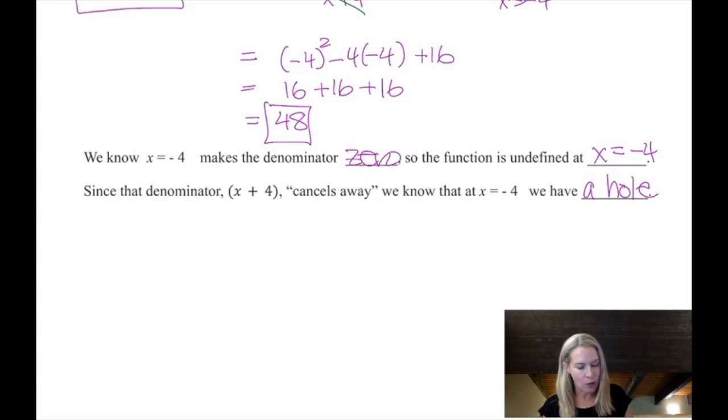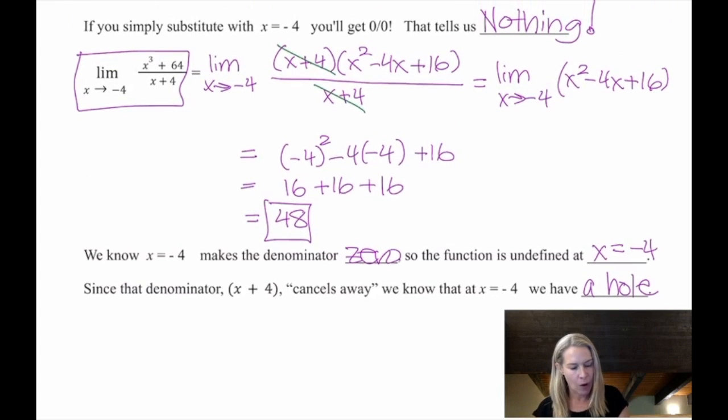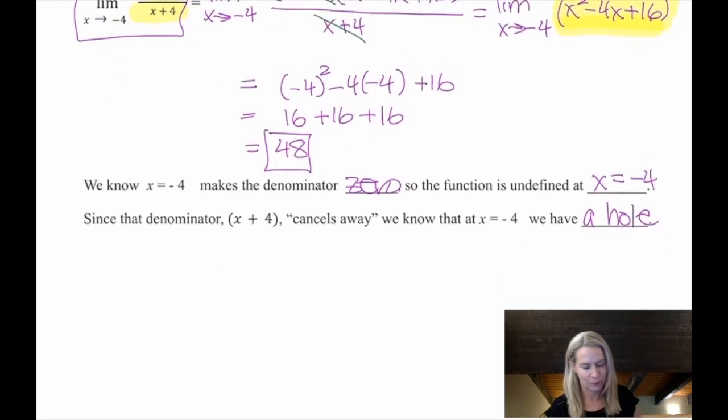And it turns out, you notice after we did all of our reducing, we ended up with a quadratic here. And in fact, that is the shape of this graph. So what we end up with after factoring is what the shape of the graph is. This is going to be a parabola. And this original denominator tells us that it's undefined at -4.